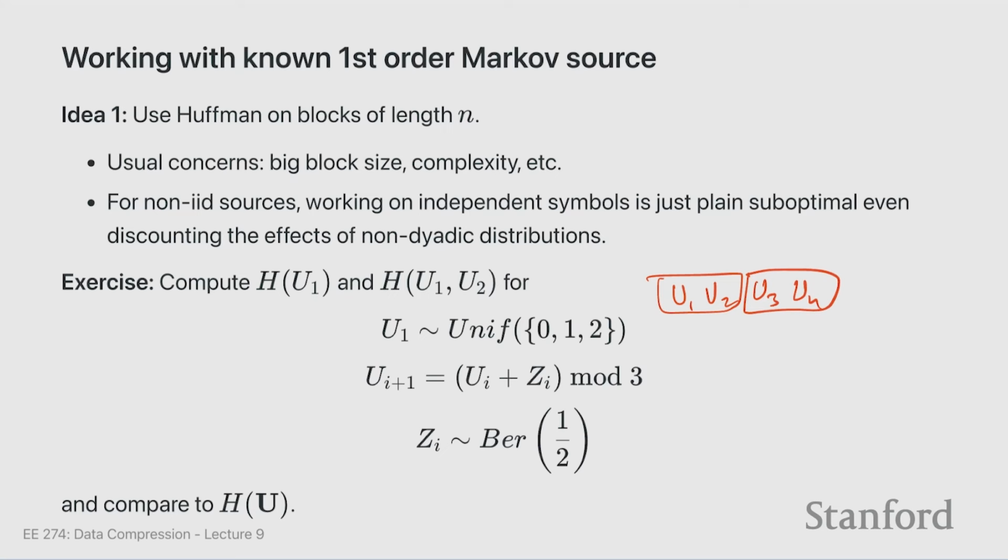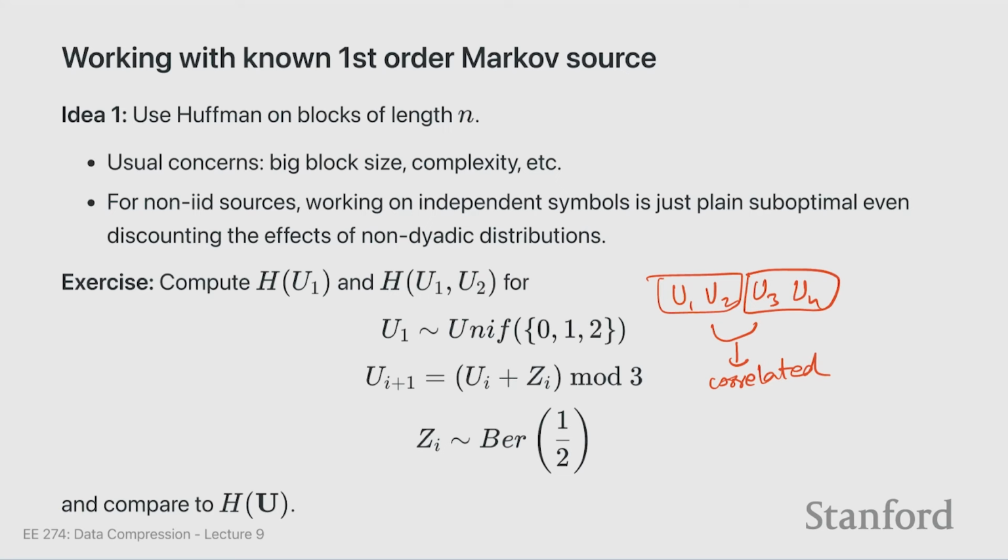If you have symbols whose probability is not a power of 2, you don't get the perfect code length. But here, there is another reason why it's not optimal, which is that U2 and U3 are correlated. There is some correlation between U2 and U3. So if you're encoding them in blocks separately, you just lose out on the correlation between consecutive symbols.